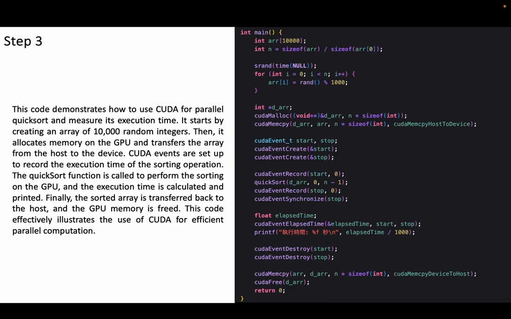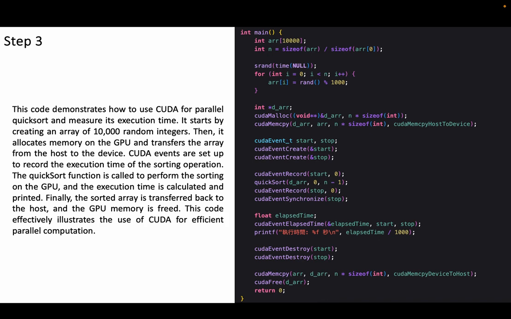The third step is the main function, which shows how to use CUDA for parallel QuickSort and measure its execution time. It starts by creating an array of 10,000 random integers, then allocates memory on the GPU and transfers the array from the host to the device.